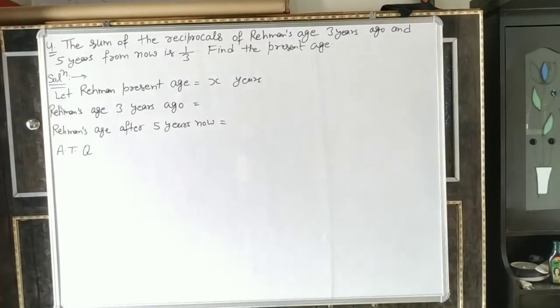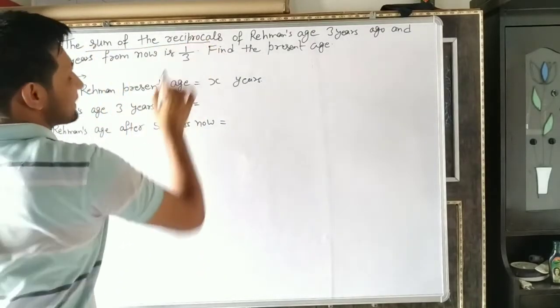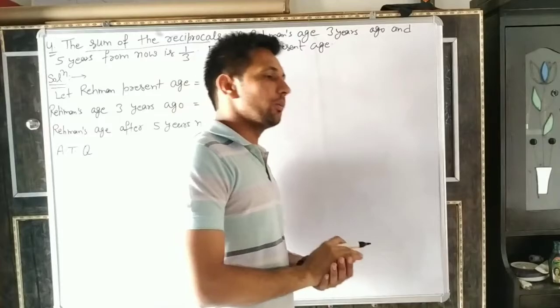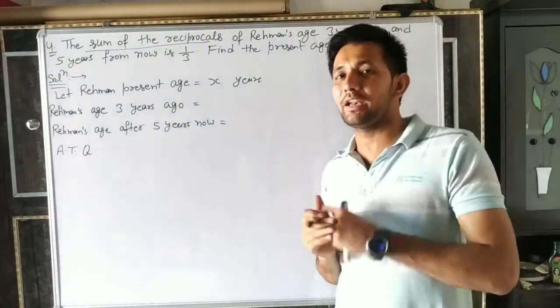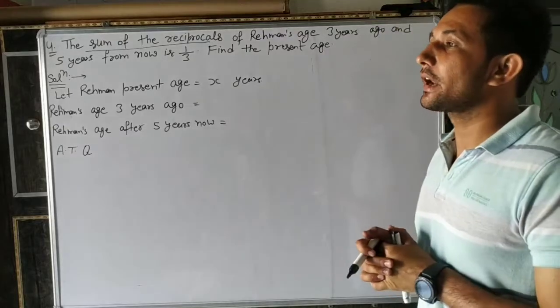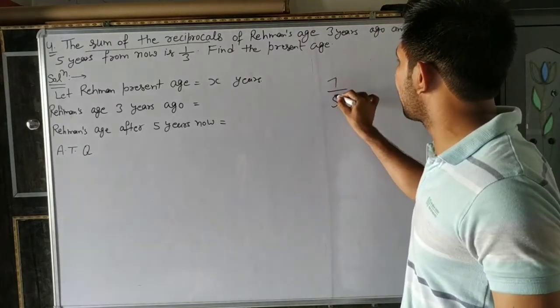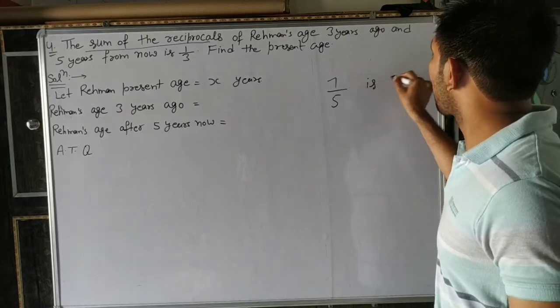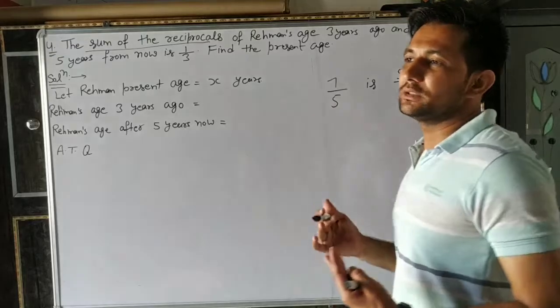Now the fourth question, dear: the sum of the reciprocals. You should know what reciprocals are. Do you remember in 7th class we learned reciprocal? What is reciprocal? The reciprocal of 7 upon 5 is 5 upon 7. What is the meaning of reciprocal?